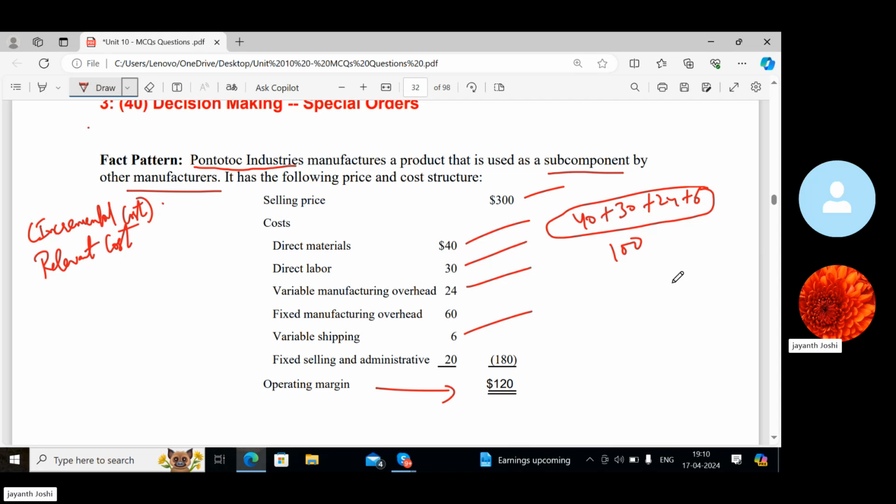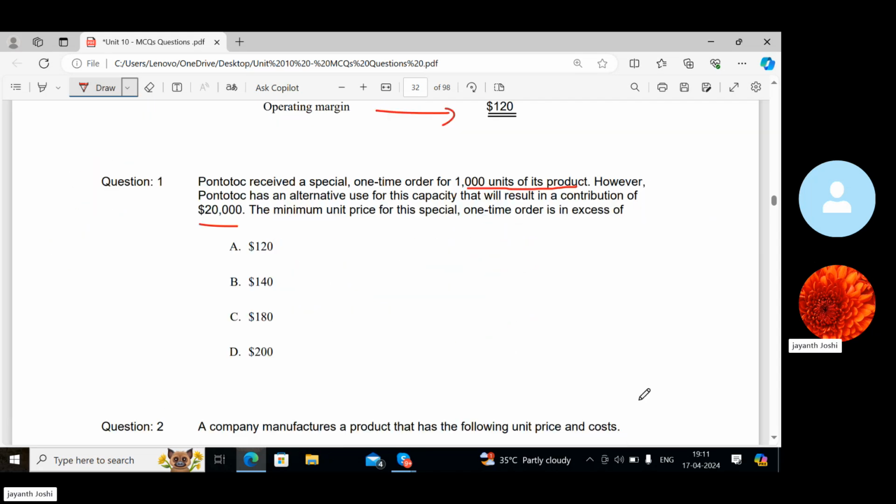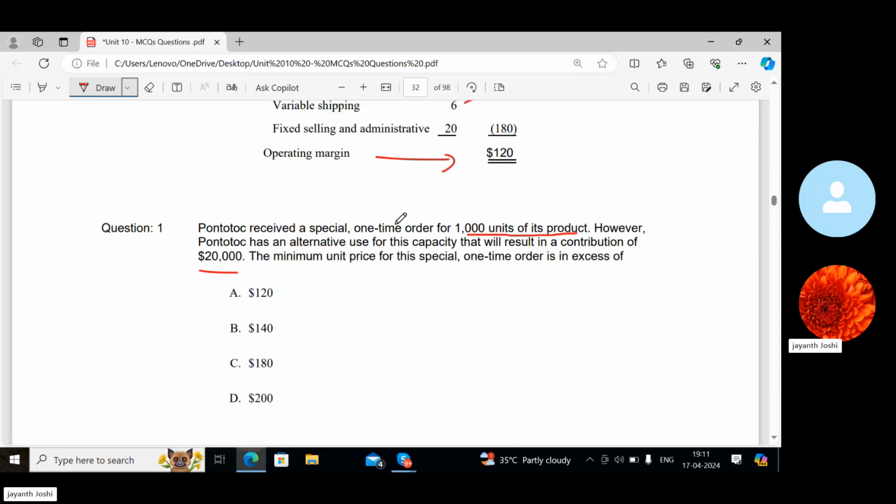So now, if at all the company does not have idle capacity, that means they don't have any time which is getting wasted. So the unit price they are going to calculate should also cover the opportunity cost as well as the variable cost. Now, what they are saying is Pontotoc has an alternative use for this capacity.